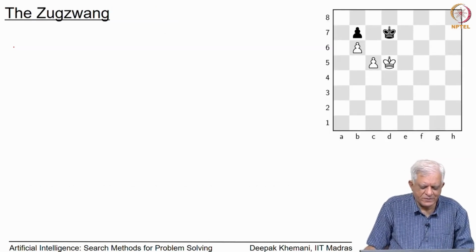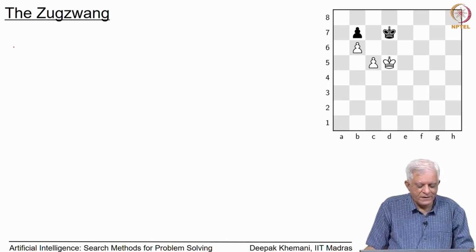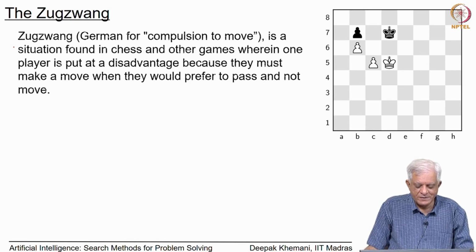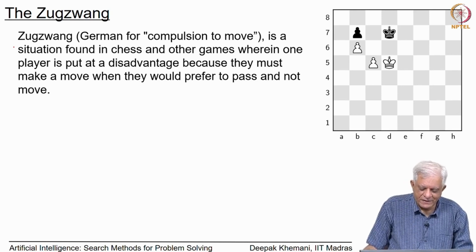Some very popular chess positions are called Zugzwang. So, Zugzwang is a German word. It is used in chess and in other games also, where one player is put at a disadvantage, because they must make a move when they would prefer to pass or not move.